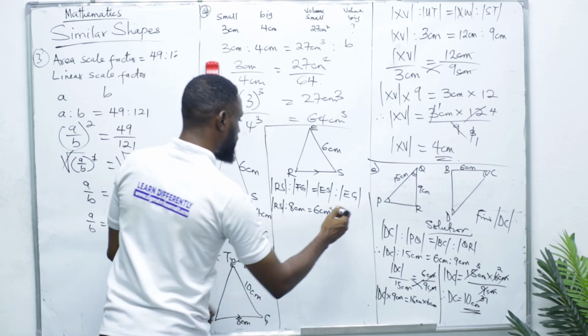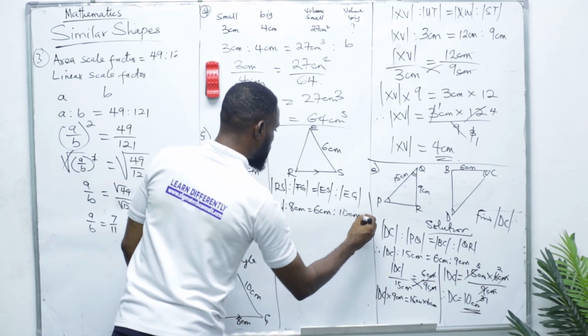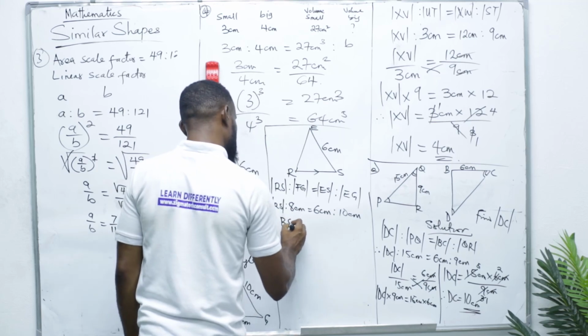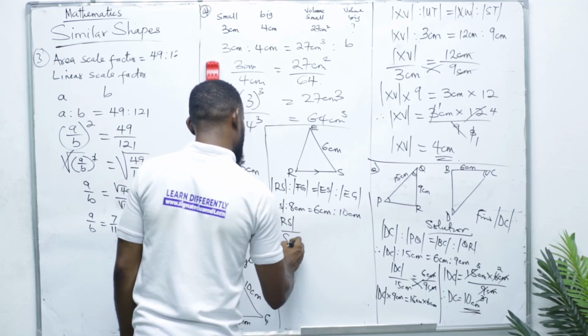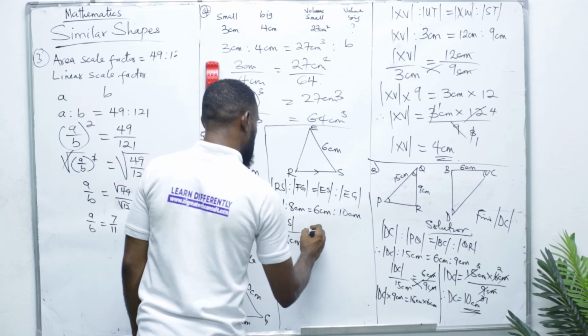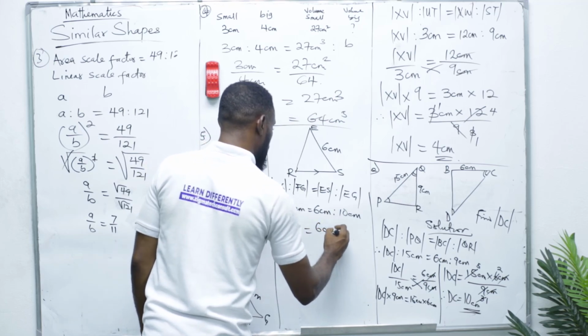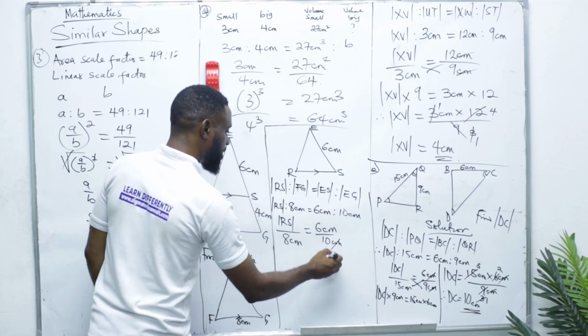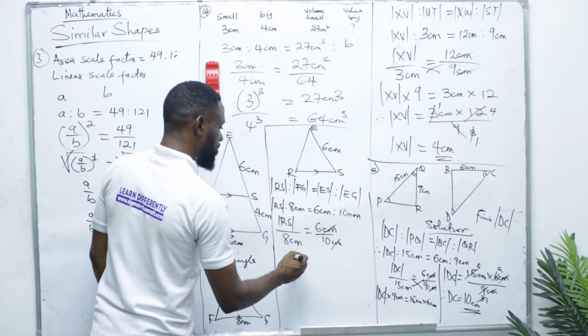EG is 10 cm. So this means RS over 8 cm is equal to 6 cm over 10 cm.